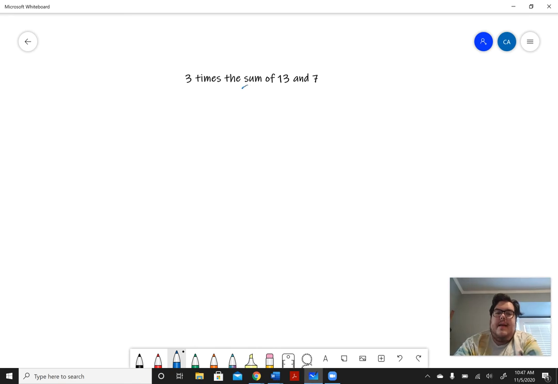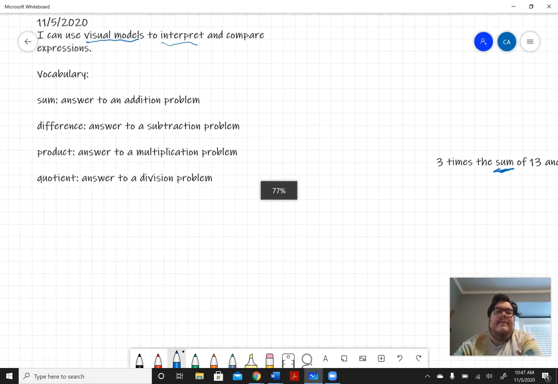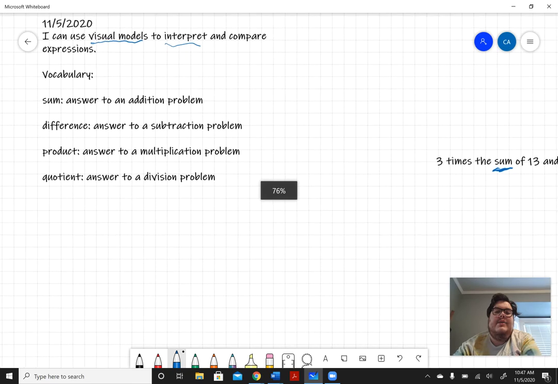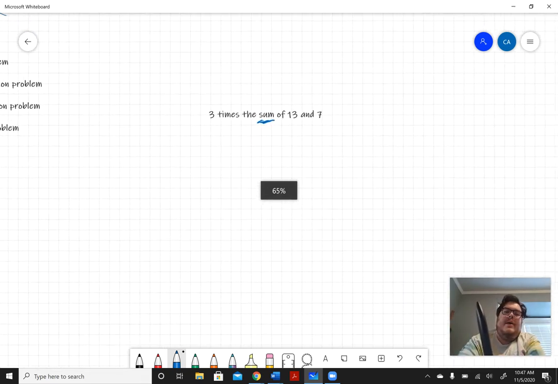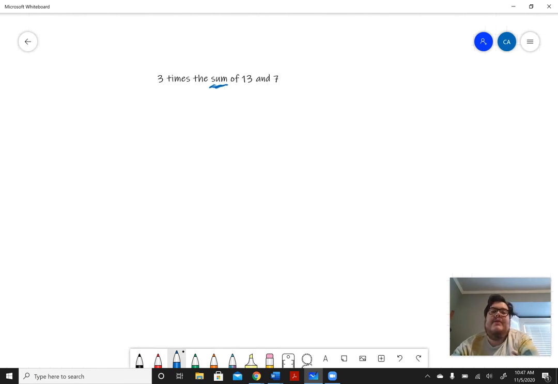Here, I see that we have the word sum. If we go back to our vocabulary, it says that sum is the answer to an addition problem. So now I need to decide, what are we adding together? Well, if I read this sentence, I'm looking for 3 times the sum of 13 and 7.